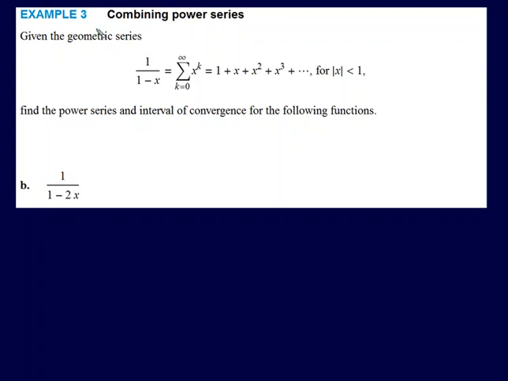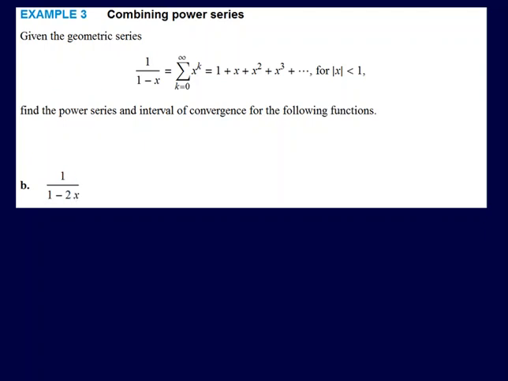So our next example is similar in that we're starting with that geometric power series again as our basis for this one. And we're modifying it a little bit this time, but not by multiplying. We're actually going to change that x to 2x. So we're looking for the function 1 over 1 minus 2x.